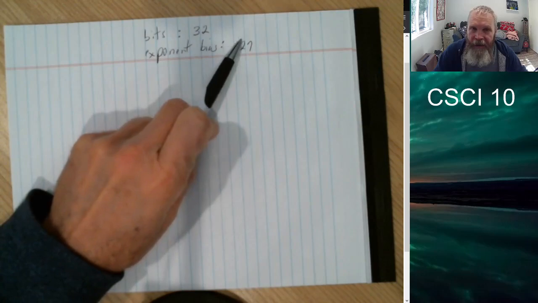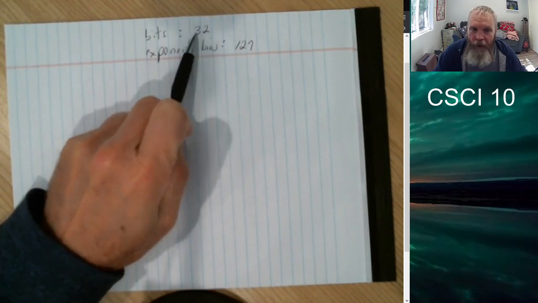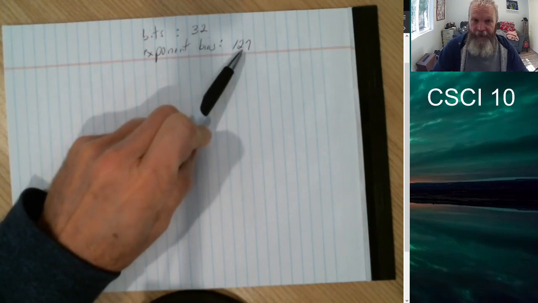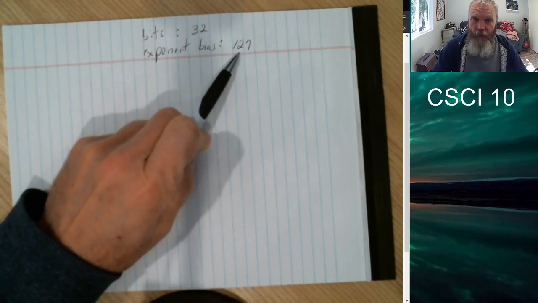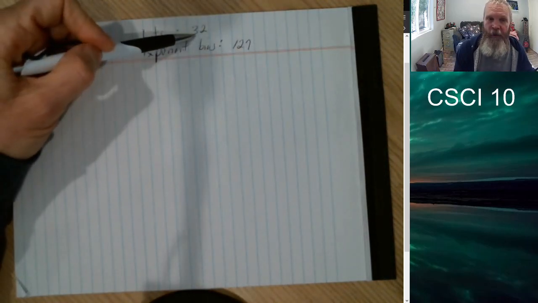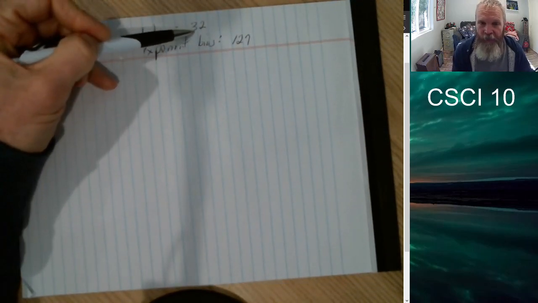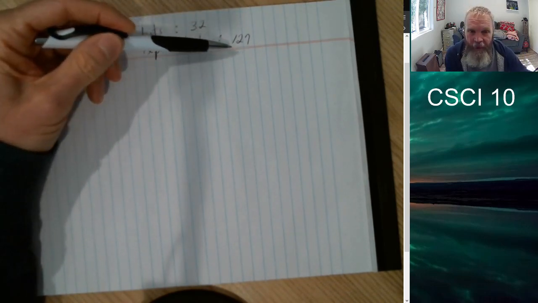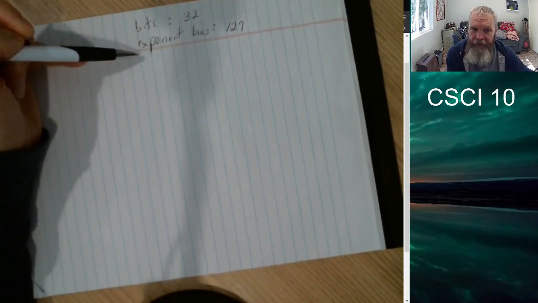I just looked at the IEEE 754 32-bit standard, and it tells me that the exponent bias is 127. So once I pick 32 bits, then I know from IEEE 754 the rest of the information that I need.